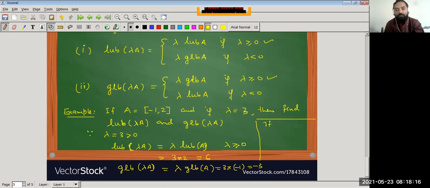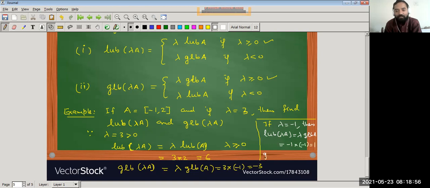If lambda is equal to -1, what is the LUB of lambda A? Because lambda is less than 0, the LUB of lambda A is lambda times the GLB of A. So lambda is minus 1 into the GLB of A, which is minus 1, so it is 1.